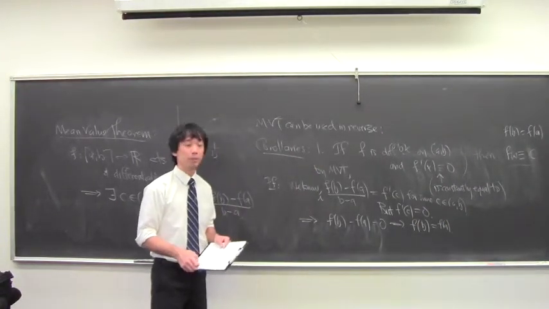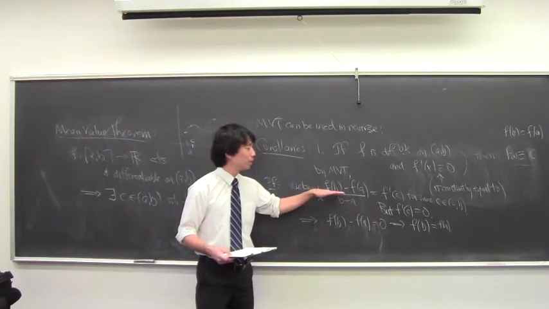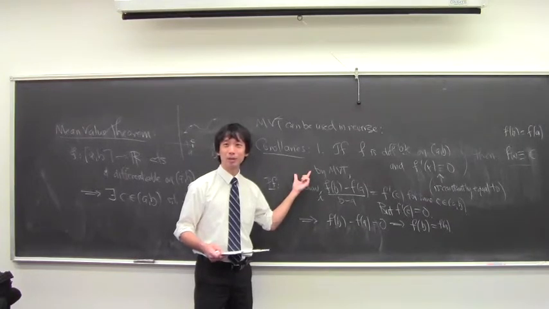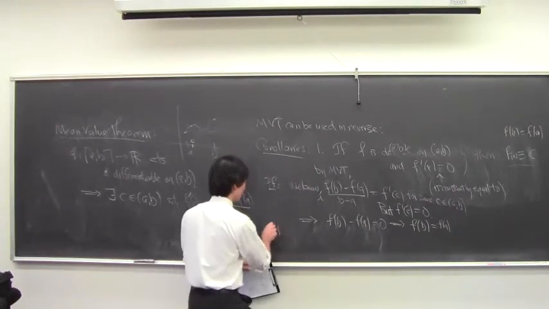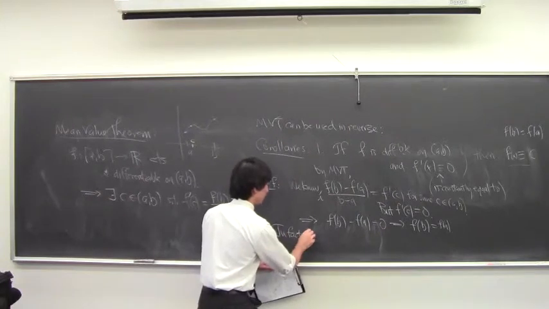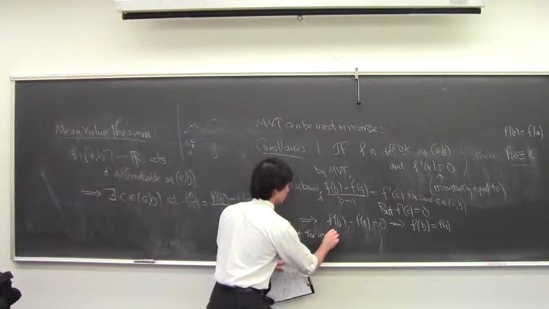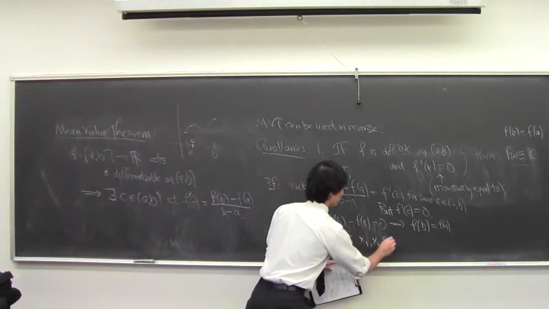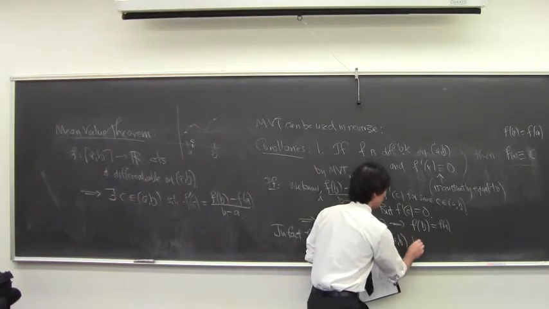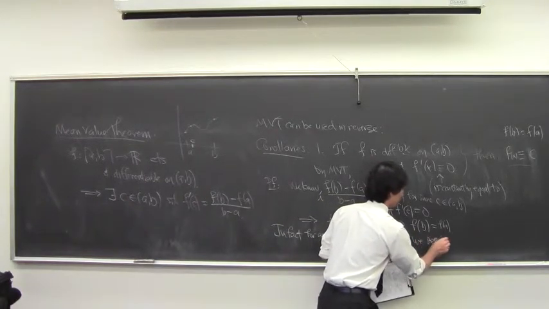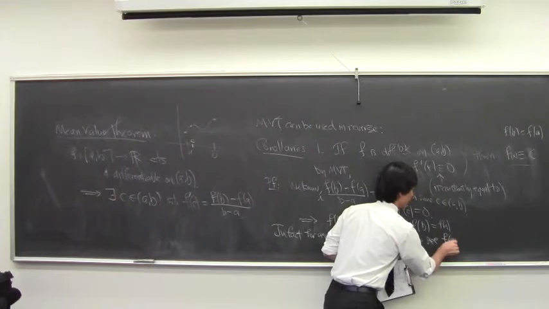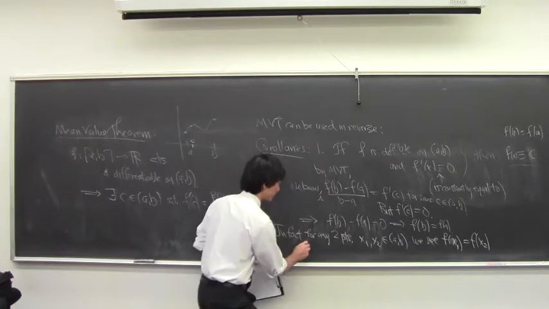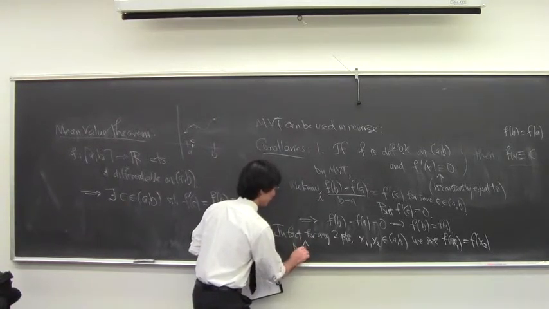But then you notice that it's not just a and b. It's any two points. So in fact, for any two points x1 and x2 in (a, b), we see that f of x1 equals f of x2 by the same reasoning.